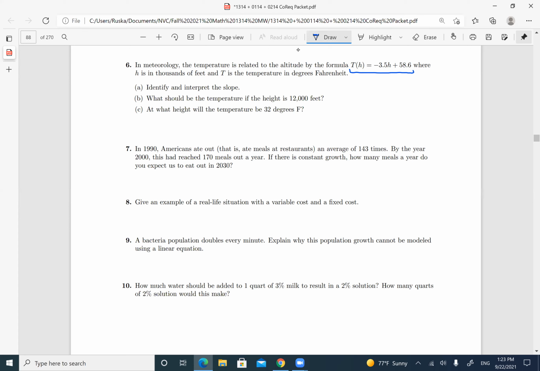Okay, identify and interpret the slope. So which number is the slope here? Remember, mx plus b, right? Here you don't have x, you have h, but still the number in front of the variable is the slope, right? So the slope is negative 3.5, that's right.